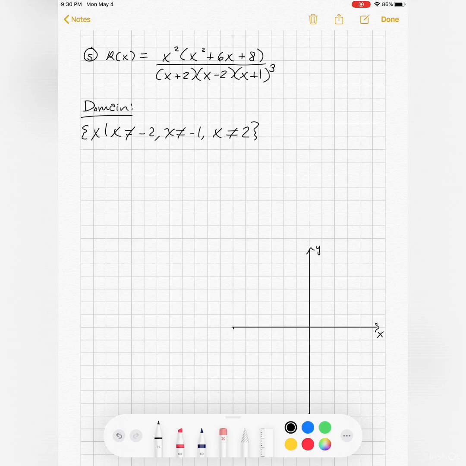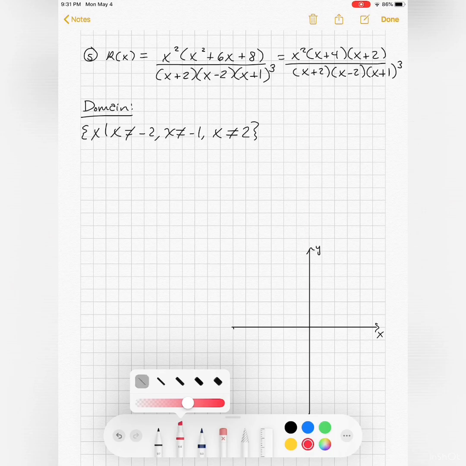Now, let me go ahead and finish factoring this. Look at this. So something different happens this time. Something that hasn't happened yet. I actually cancel a factor.